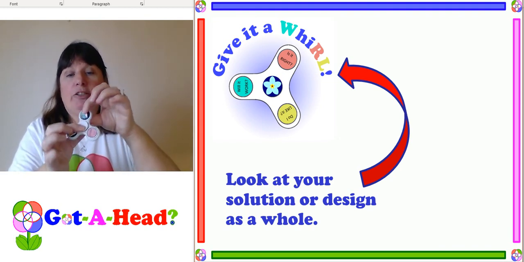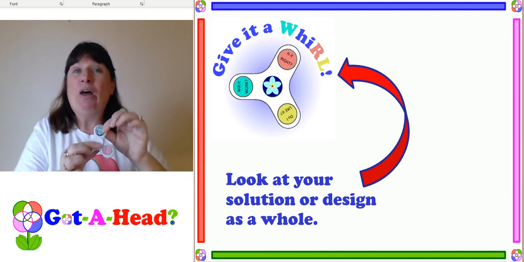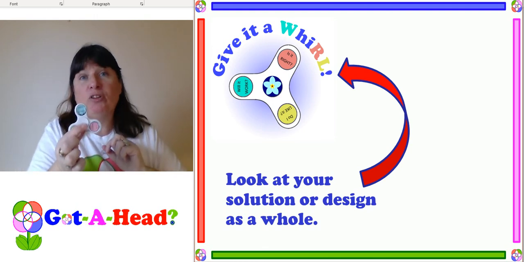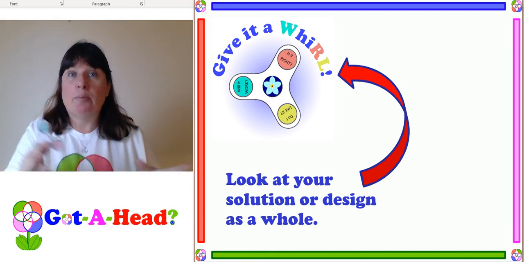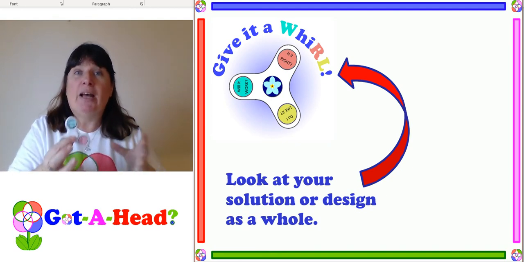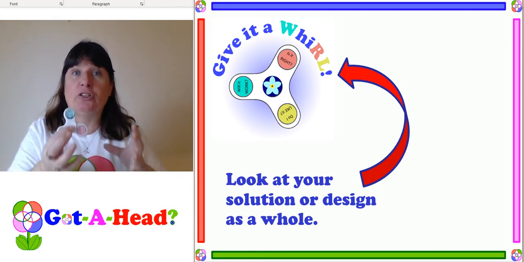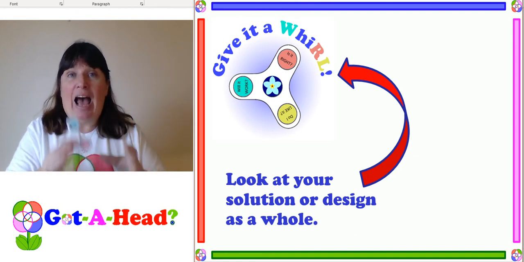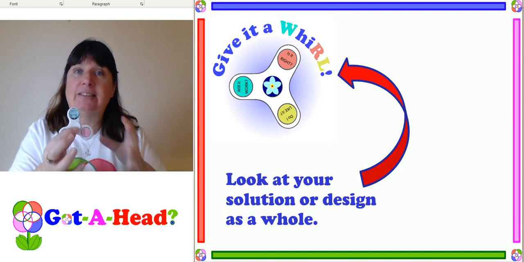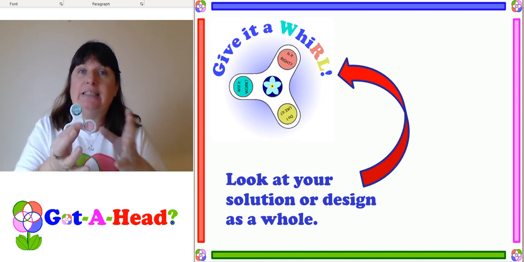Let's take another question. Okay, this one is, will it work? It's an important thing, because even if you really like some of your solutions, the bottom line is you're trying to pick a solution that you think will work. Now, it doesn't have to work perfectly at this stage. It's still at the idea stage.